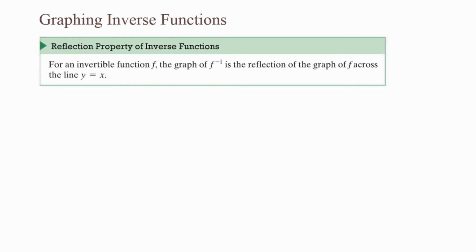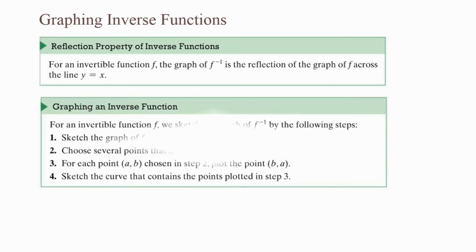Graphing inverse functions. Reflection property of inverse functions. For an invertible function f, the graph of f inverse is the reflection of the graph of f across the line y equals x. Graphing an inverse function. For an invertible function f, we sketch the graph of f inverse by the following steps. 1.